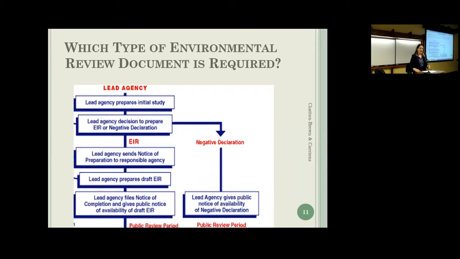It goes through all the different impact areas and asks the agency to look at whether there's a potential impact that would be mitigated, or there's no potential for an impact in each area. This is a preliminary analysis that agencies should use to determine whether they should use an EIR, a negative declaration, or a mitigated negative declaration.